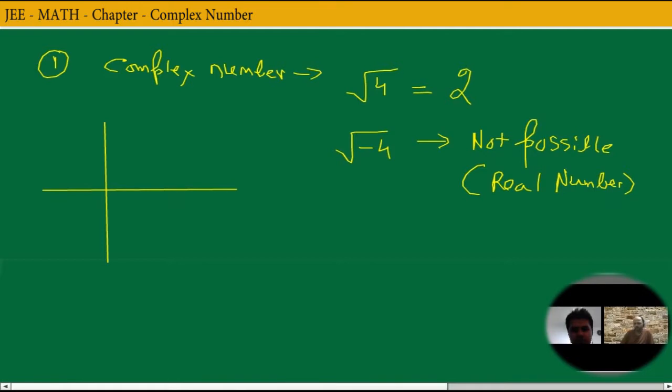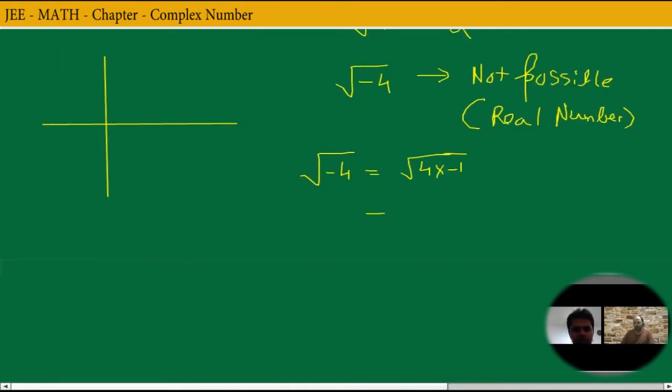Once we move to complex numbers, you can see why the idea of complex numbers arises. Suppose this is negative 4. Negative 4 can be written in this way, and this can also be written as this, because the square root of AB is this.